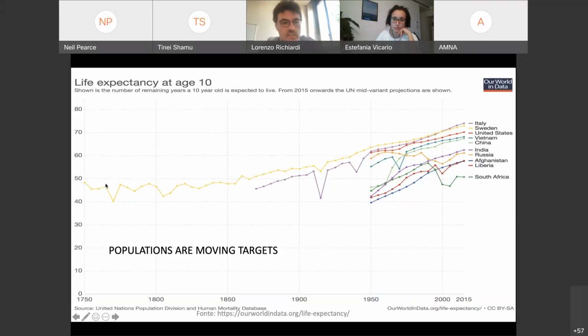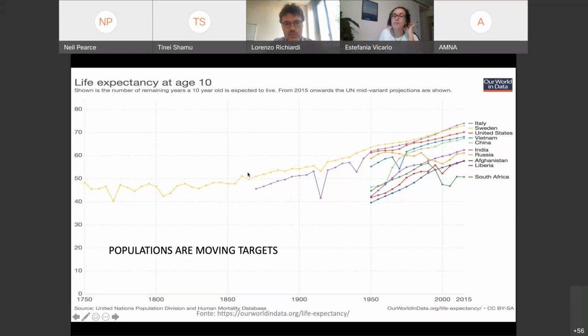Actually, in Sweden, which is the yellow line, the data are already available from 1750, but we know that in Nordic countries, people have access to data in a quite exceptional way.